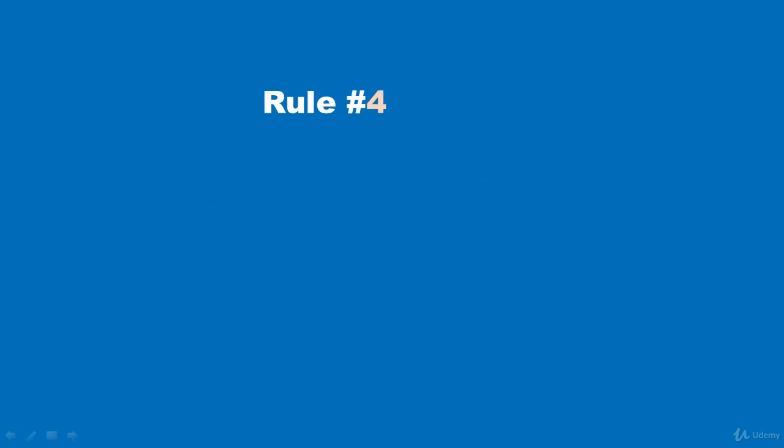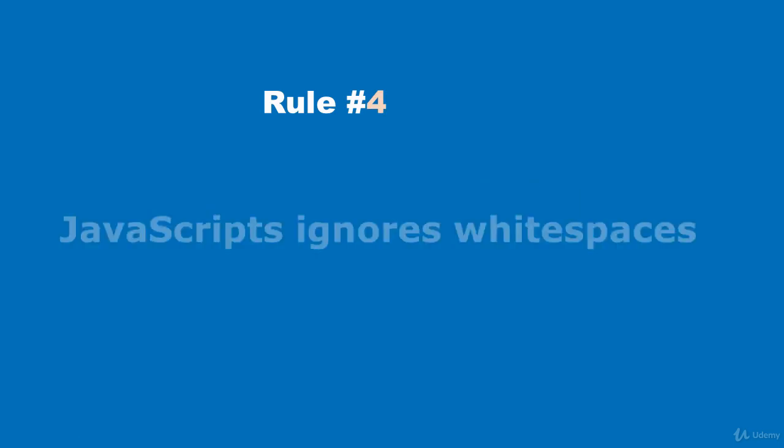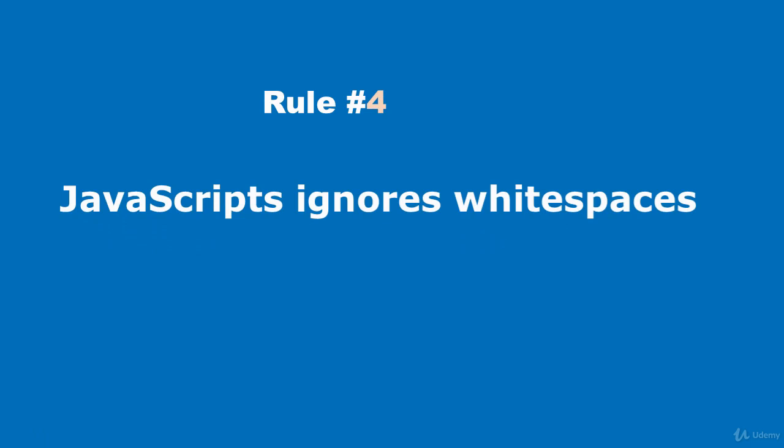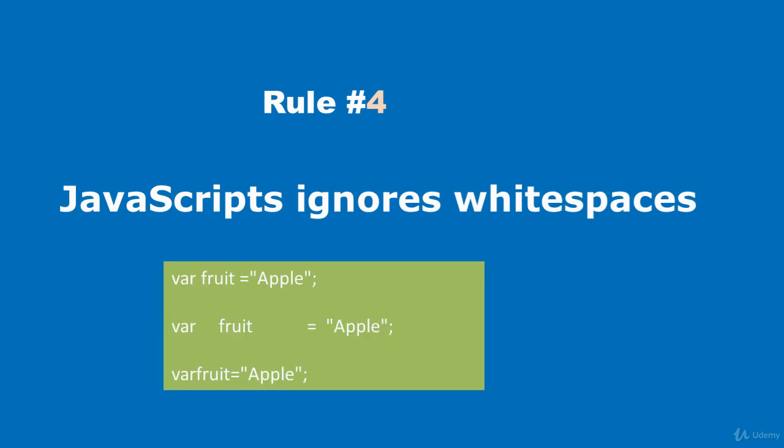Rule number 4. JavaScript ignores white spaces, but white spaces are good for the humans. It enables them to read code properly. All these examples will work because JavaScript does not care about white spaces.